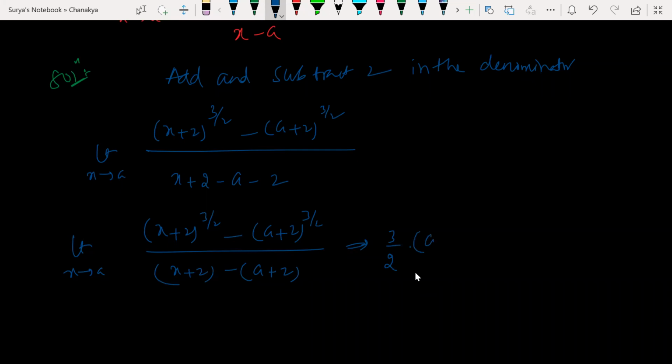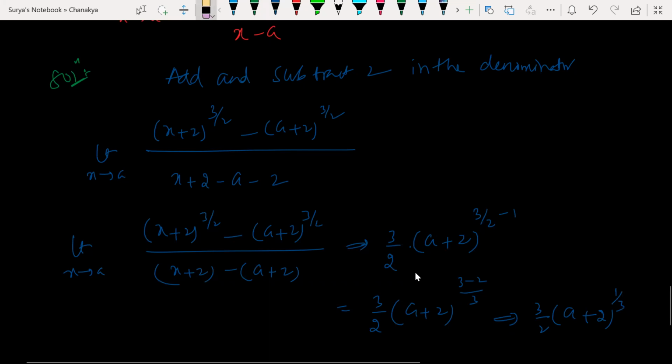And a is what here? a plus 2, whole to the power of n minus 1. So 3 by 2 into a plus 2 to the power of 3 by 2 minus 1, which is 1 by 2. This is my answer. Is it clear or not?